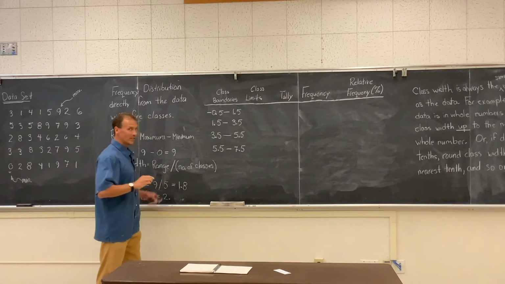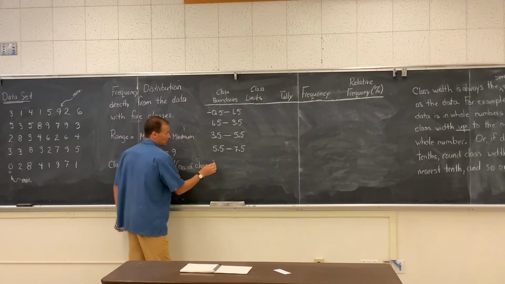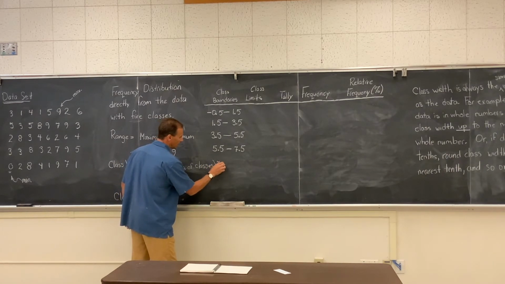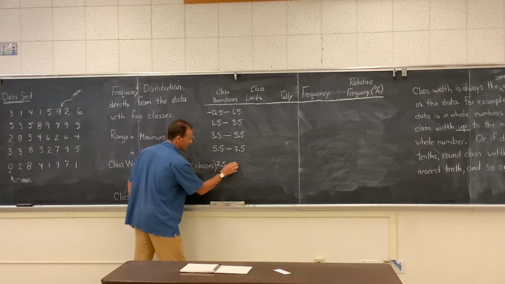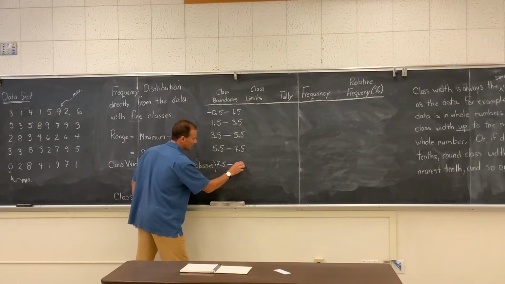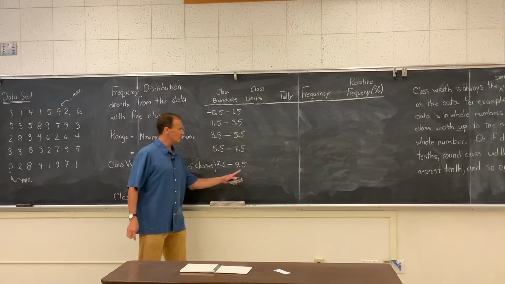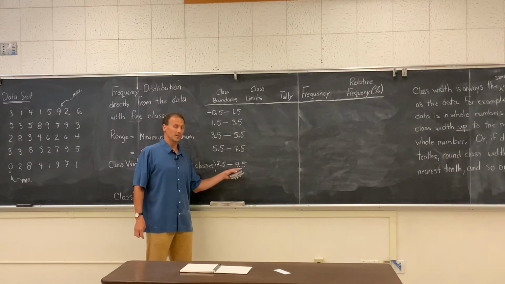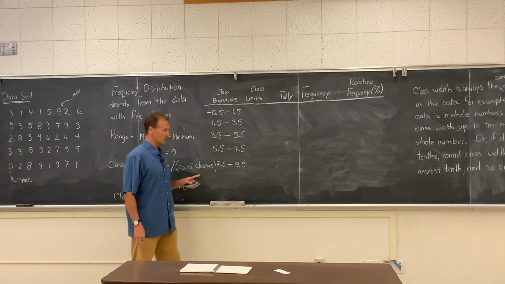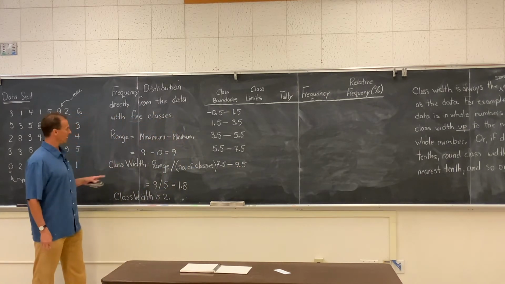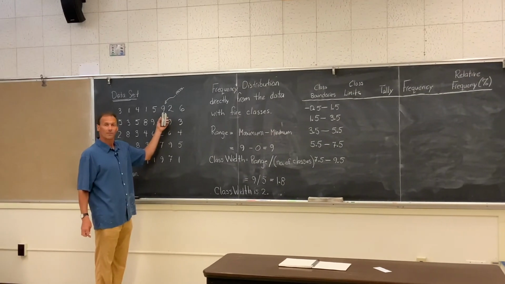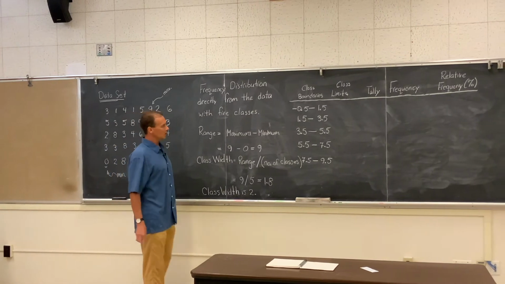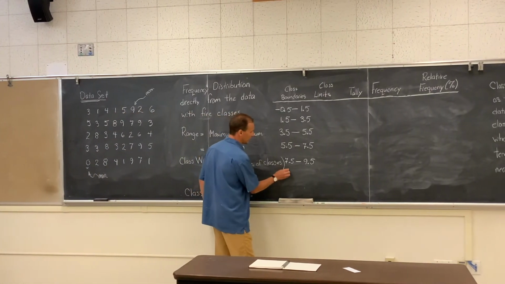And if we've done this correctly, we should be able to stop. 7.5, we start with that shared boundary, we add 2 to get 9.5. Now, you know you've done this correctly if this last boundary is large enough to make sure that we get our maximum. Our maximum was 9. And sure enough, 9 would fit into that last class. Okay, we have our class boundaries.